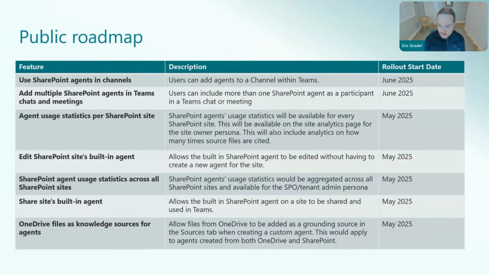So all these things are coming in the first half of the calendar year. We have lots more plans for what will come later, but want to make sure we've done our scoping exercises before we attach dates to those future promises. But this is what you can expect in the first half of the year.